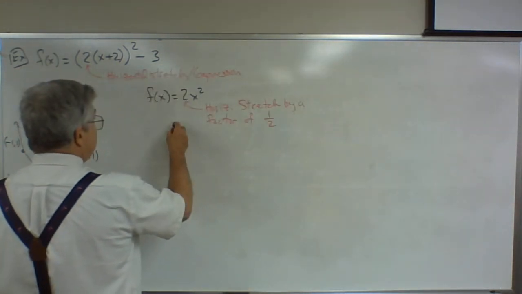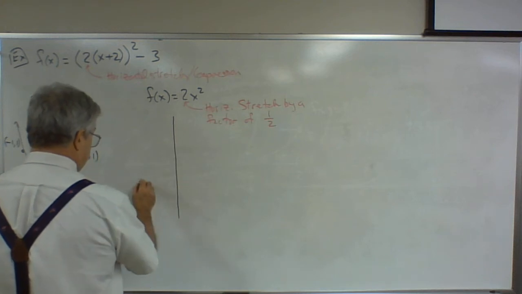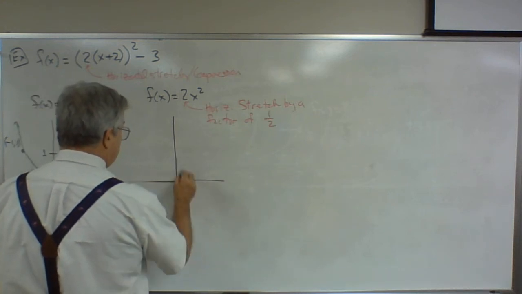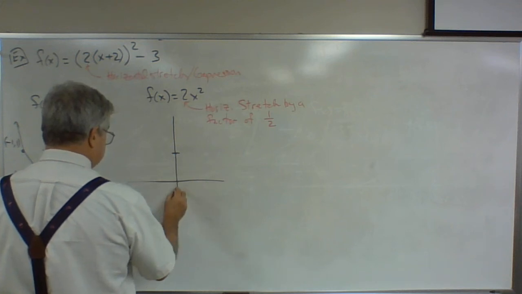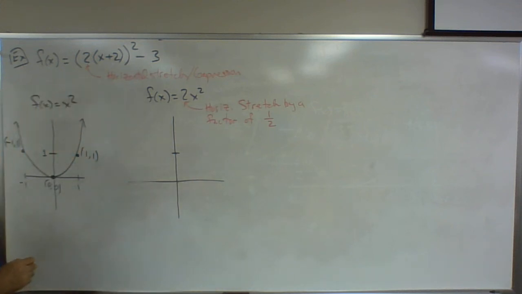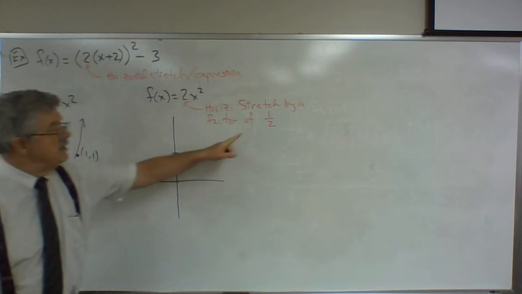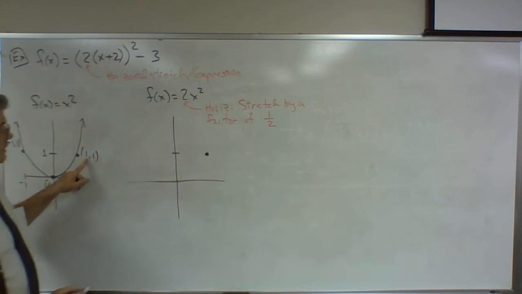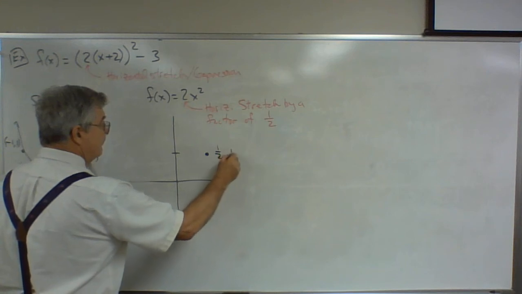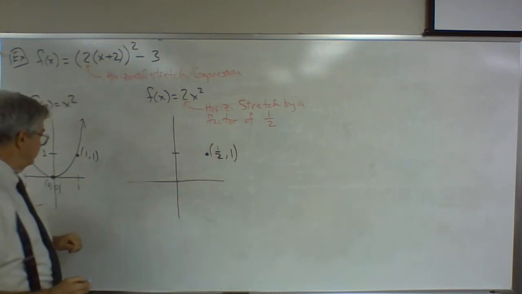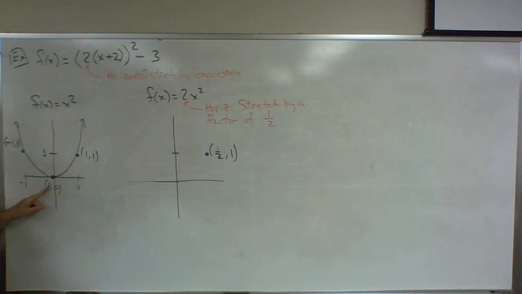So let's see how that plays out when we graph. This point has x coordinate of 1. The corresponding point over here is going to be 1/2 the x coordinate here. Now this point has x coordinate 0.